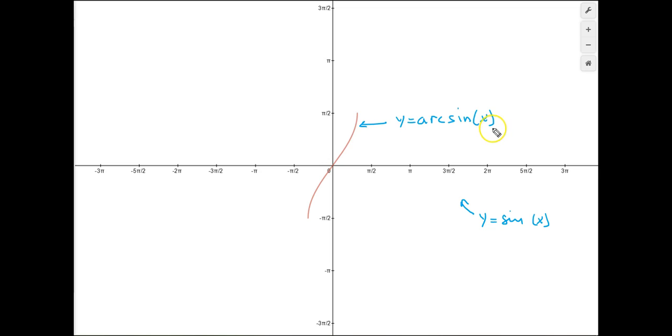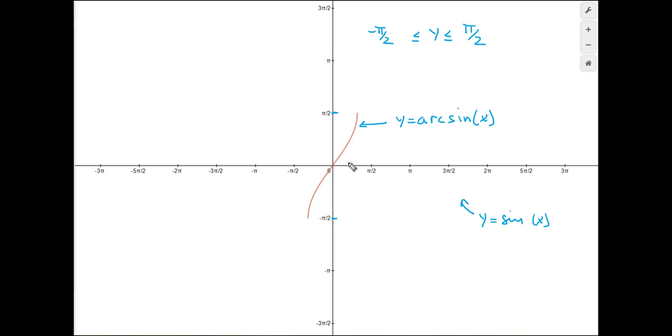Now you notice one thing about this. The range of this function goes from negative pi over 2 to positive pi over 2, so the y is supposed to be between, so that's the range as we saw in the definition, and the x, the domain of this function, it only goes from negative 1 to 1.